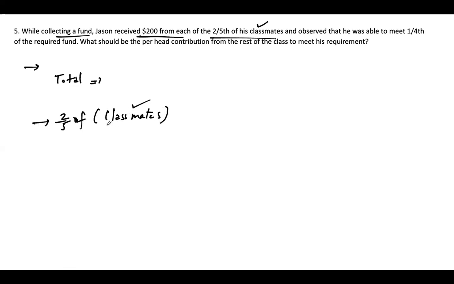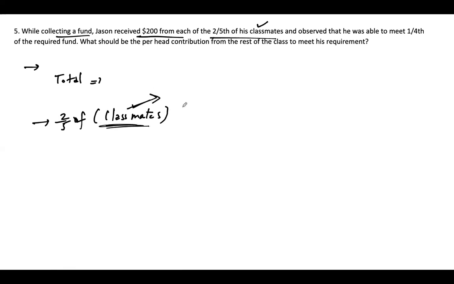So while collecting a fund, Jason received $200 from each of the 2/5 of his classmates. Just a sec. 2/5 of the classmates. Do we know the value of classmates as of now? No. If you were to assume a value of the classmates, how many classmates were there?